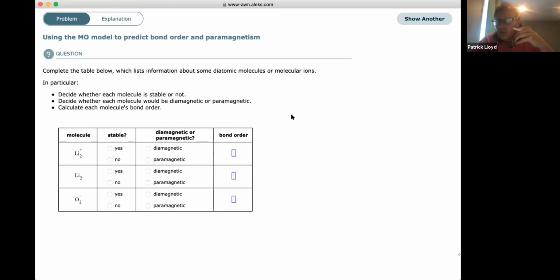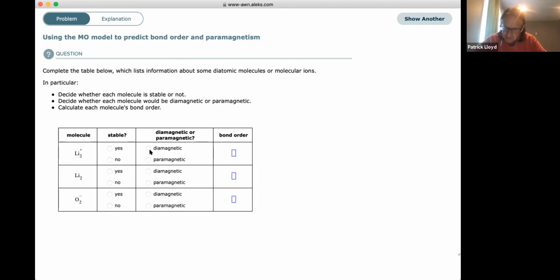And stable meaning, is there a bond order that is greater than 0? If you end up with a bond order of 0, it's not stable. If you end up with a bond order of 1, it's stable. That's kind of a primitive way of looking at it, but that's what we'll do. Okay, so let's do Li2 plus.